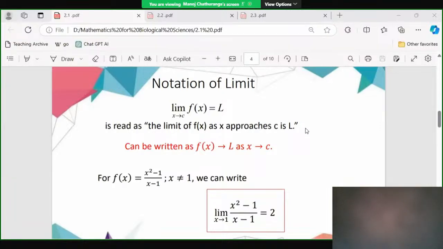This is not like f of 1 equals 2. This is different. So limit as x goes to c of f of x equals L. This is the general notation. So we read this as the limit of f of x as x approaches c is L.